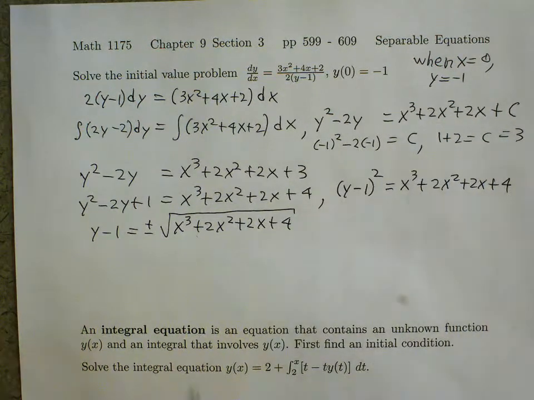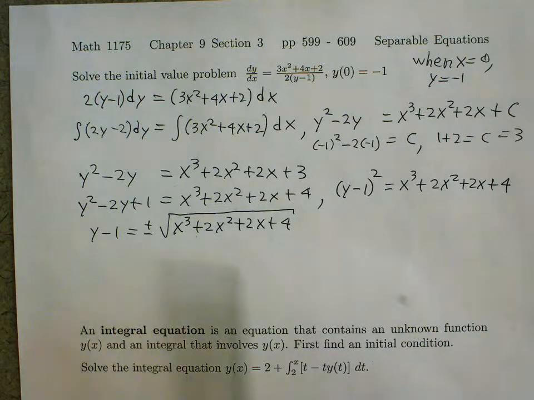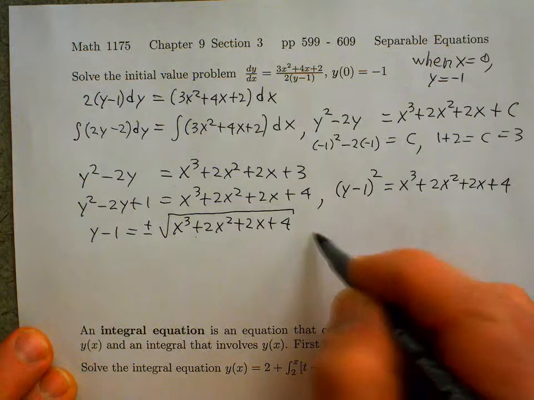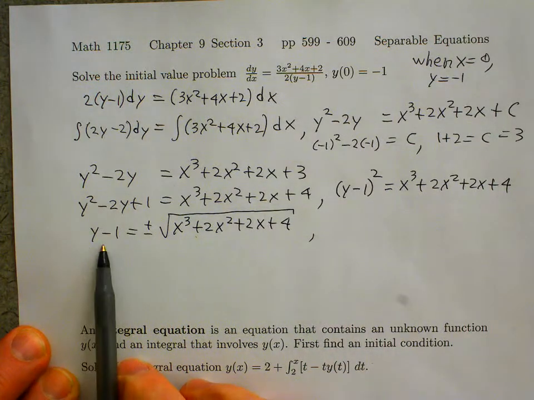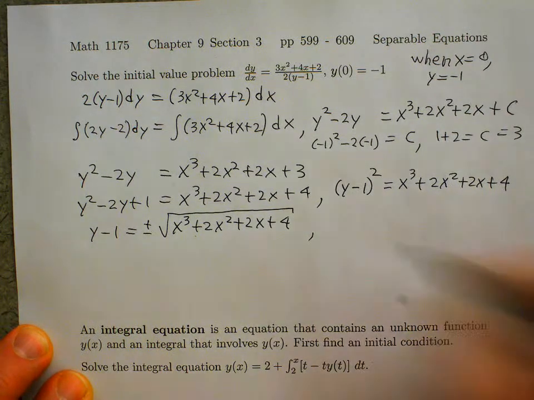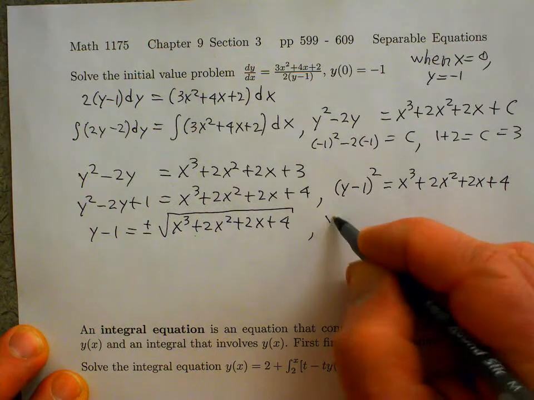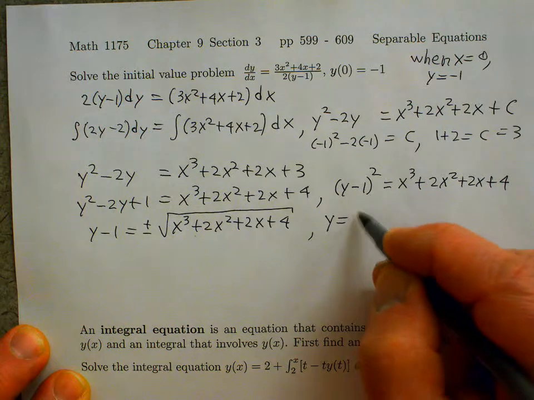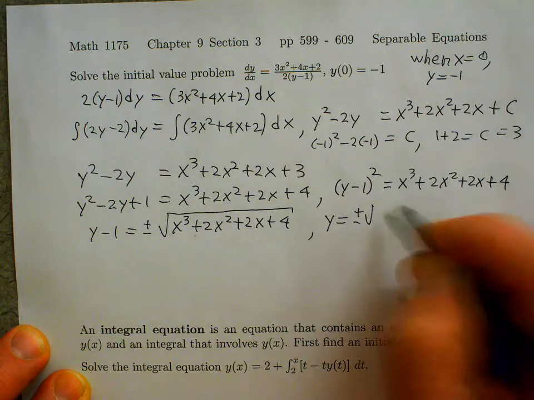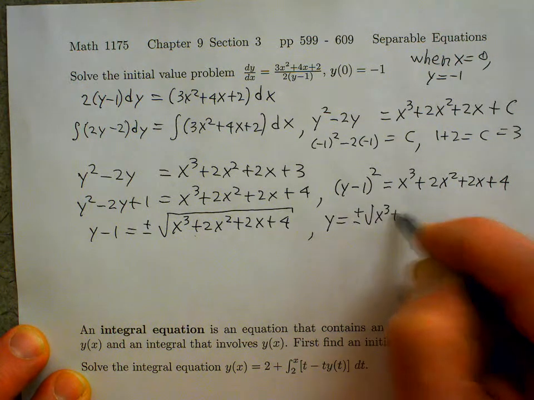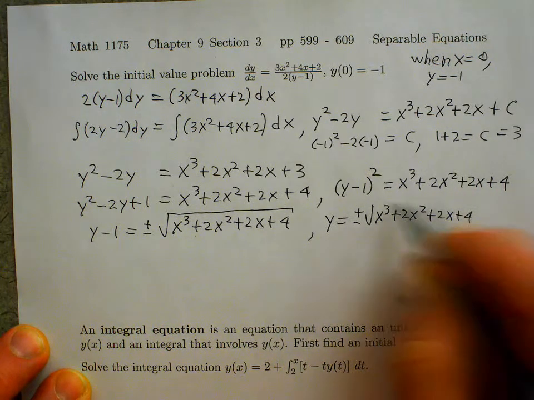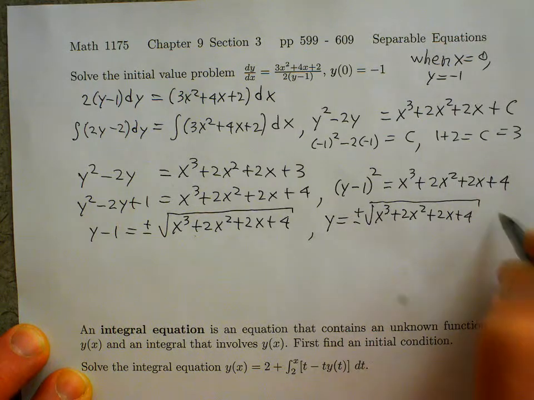And how do we know whether we pick the positive or the negative solution? The goal is to solve for y, so let's just go ahead and add 1 to both sides. So positive and negative square root of x to the third plus 2x squared plus 2x plus 4. And then outside of the square root, we have plus 1.